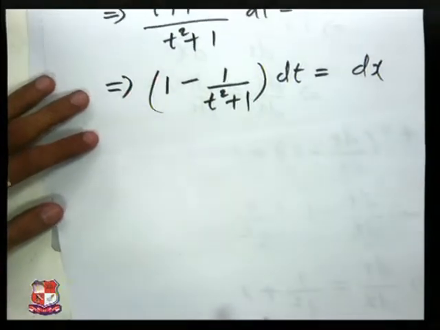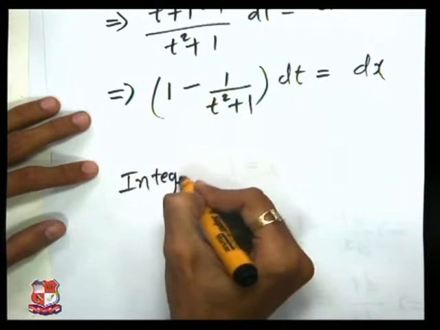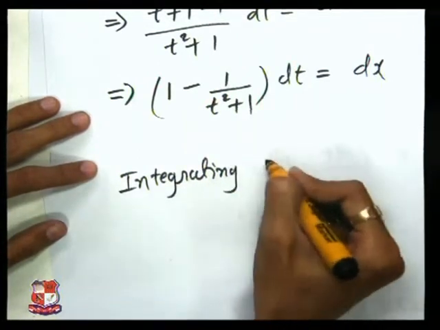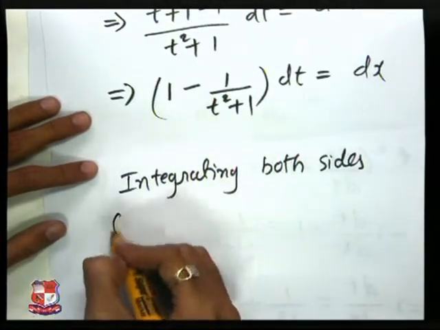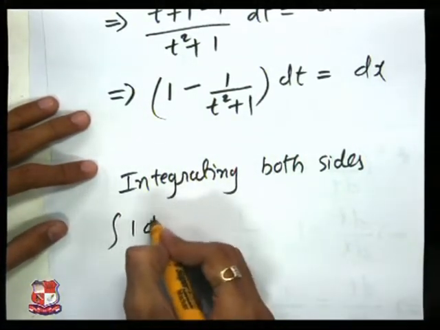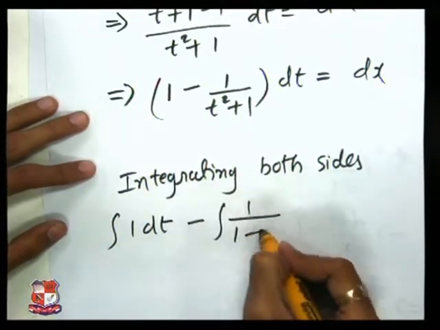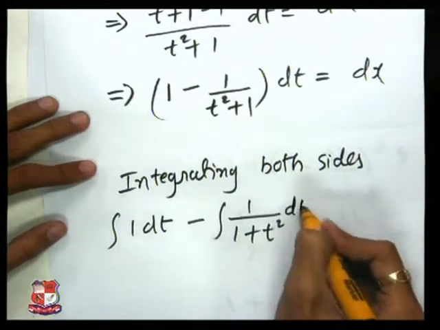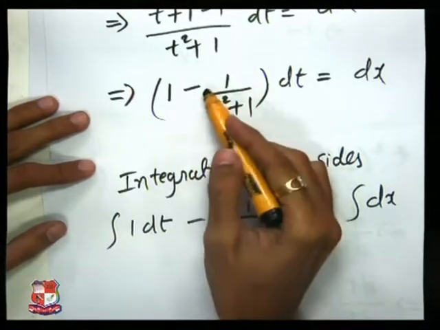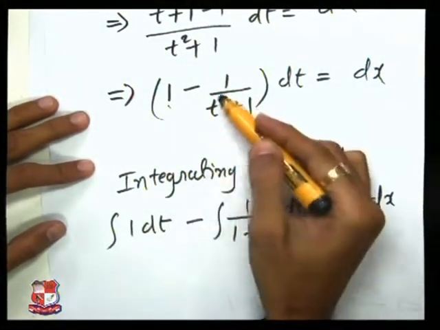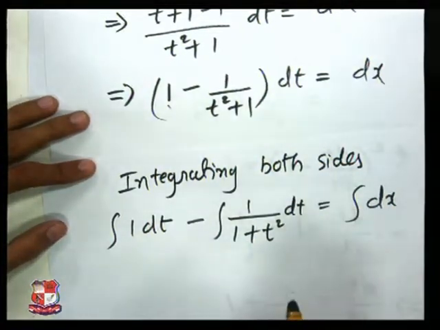integrating 1 dt, minus integrating 1 upon 1 plus t square dt, is equal to integration of dx.